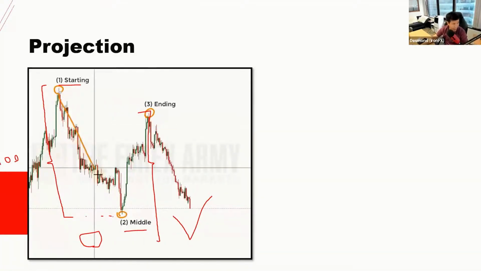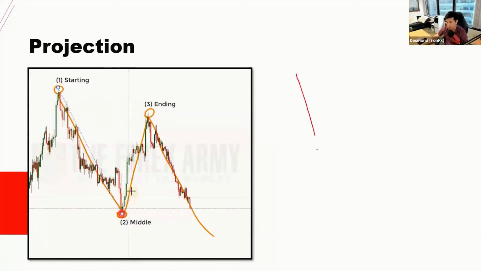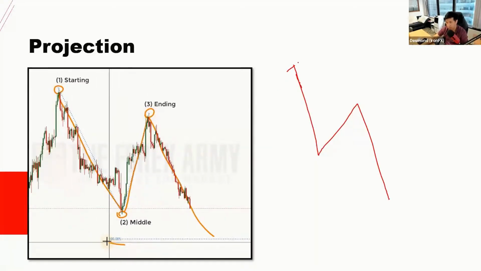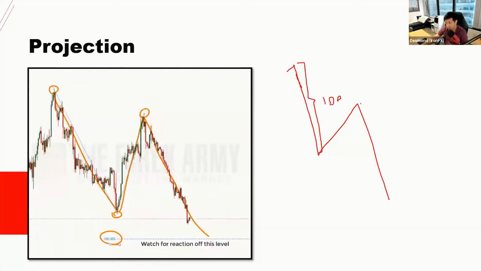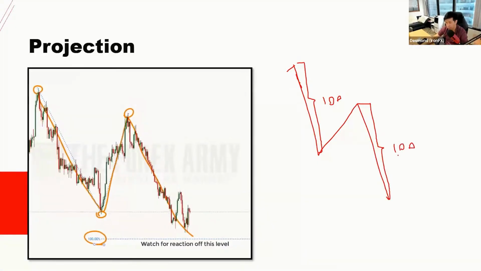I'm going to erase it over here and draw it again for you. Very simply, Fibonacci projection means that if you have a movement like this, you take this movement, which could be 100 pips, and project it over here, maybe another 100 pips.